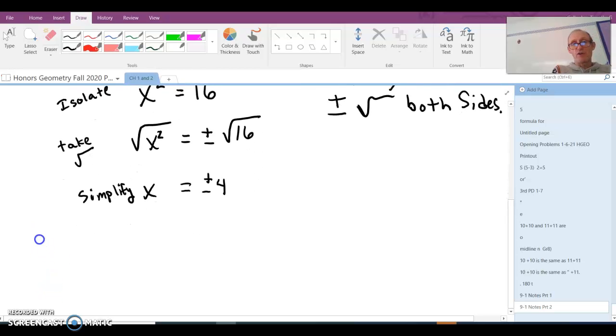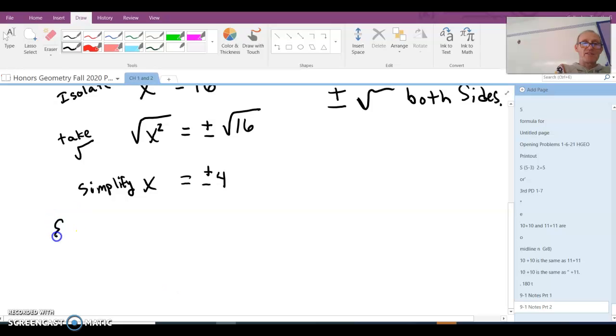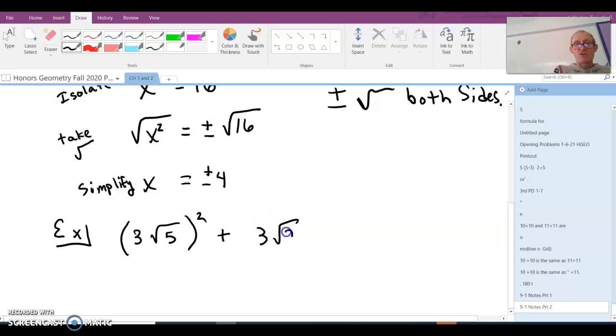All right, things get a little more complicated with the second example, but it's the same idea. When there is only an x squared, you're going to isolate it and take the square root of both sides, okay? So it looks like this. 3 times the square root of 5 quantity squared plus 3 times the square root of 2 quantity squared equals x squared.